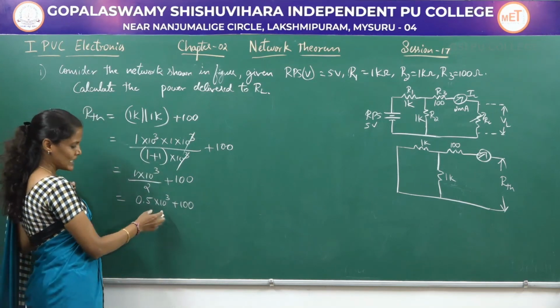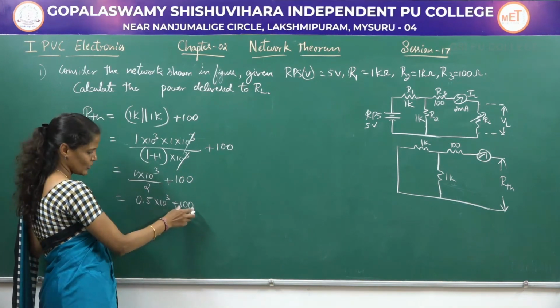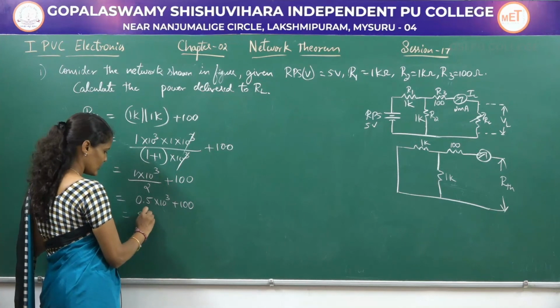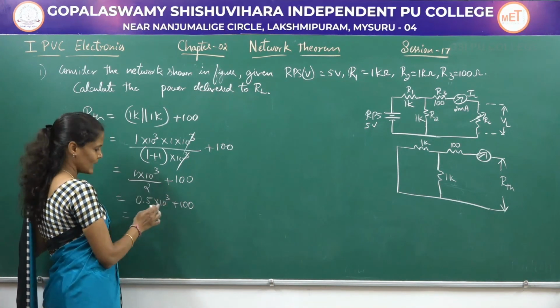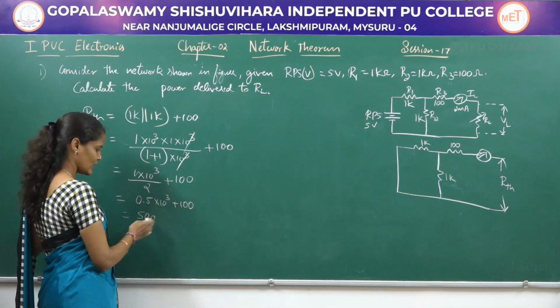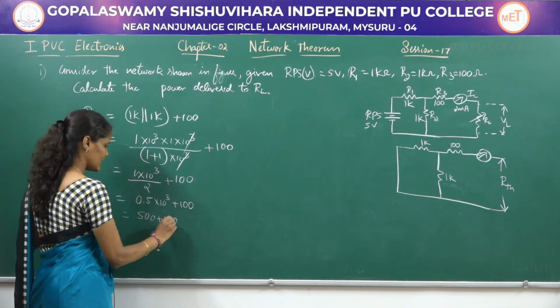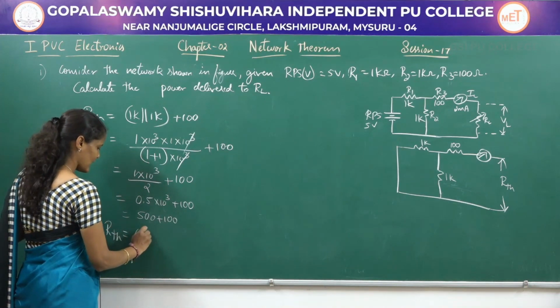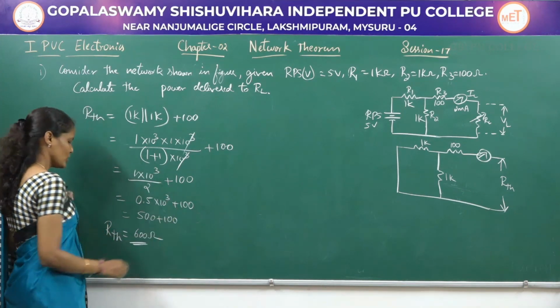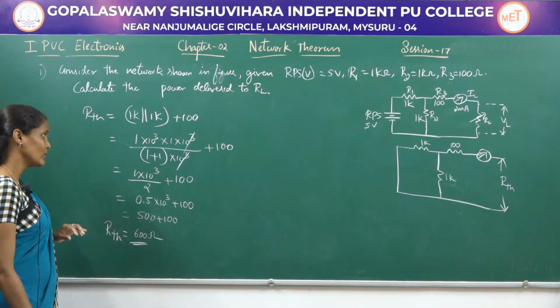So, you have to convert this kilo, that is 10 to the power of 3. So, this is equal to 500. Shift the point to the right by 3 places, 1, 2, 3. So, 500 plus 100. So, R Thevenin is equal to 600 ohms. So, you have found out R Thevenin value.